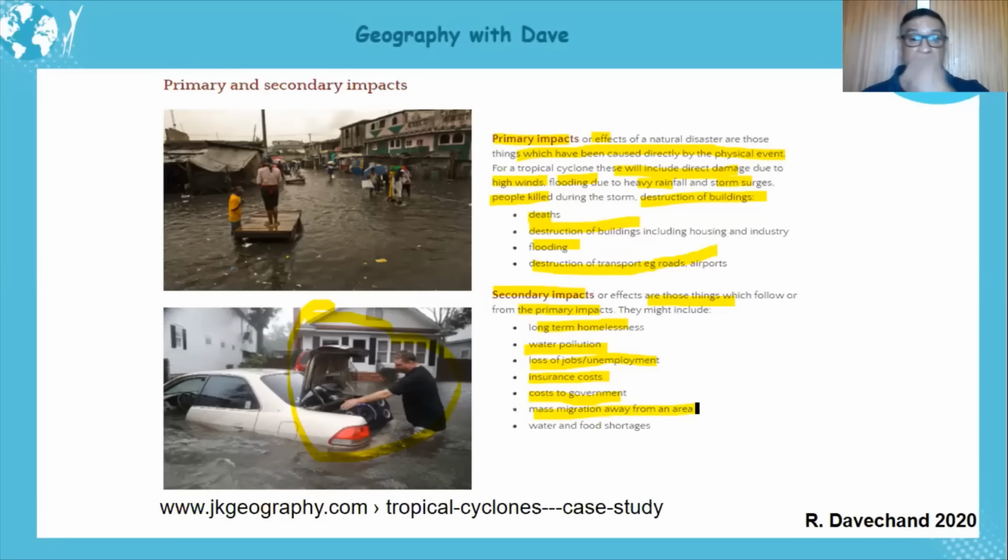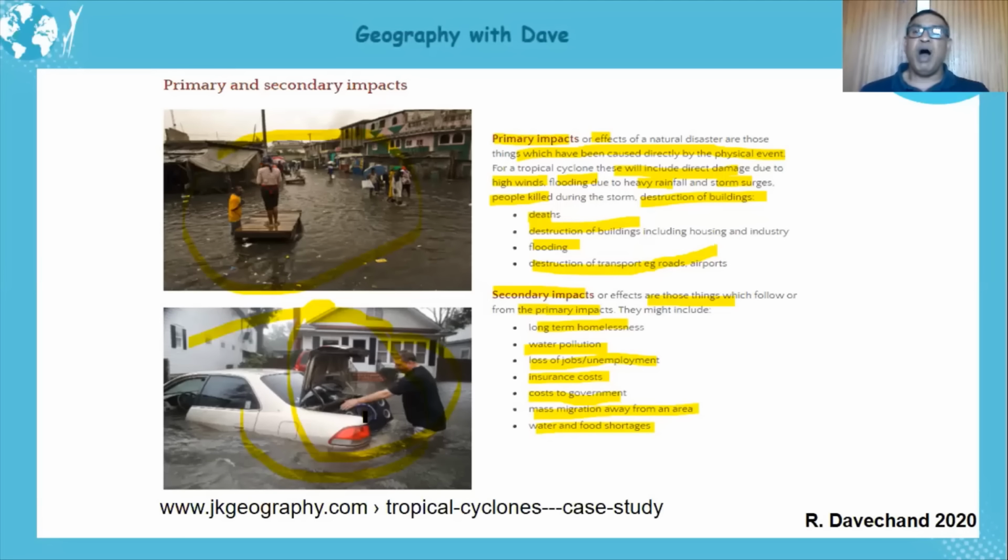Sometimes they come back. Water and food shortages for the people. Again, it'll be more. Like if you look at this, there will be more in this country than this country, because you can see it's a poorer country. You understand? Where you can see the buildings and people here, it's a richer place. They may have more money to help the people.